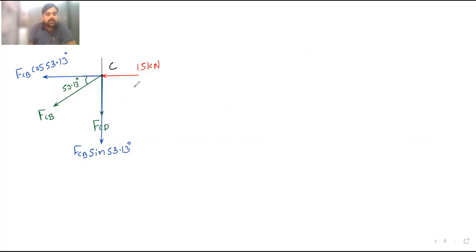So now apply summation Fy equal to 0 first. So if I apply summation Fy equal to 0, then here you can see this FCD is moving downward. So minus FCD. Then again this FCB sin 53.13. That is also minus FCB sin 53.13 degree, which is equal to 0.